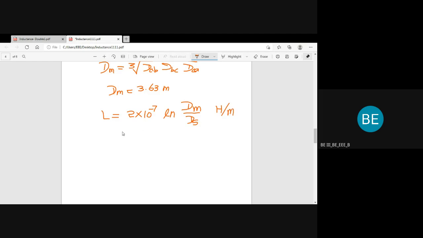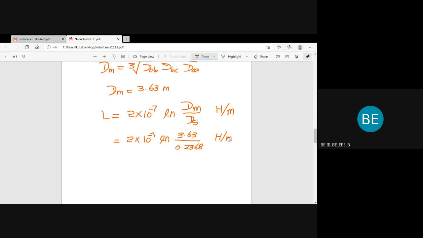So we have calculated dm and ds values, and we substitute in this formula: ln of dm, which is 3.63, by ds, which is 0.2368.